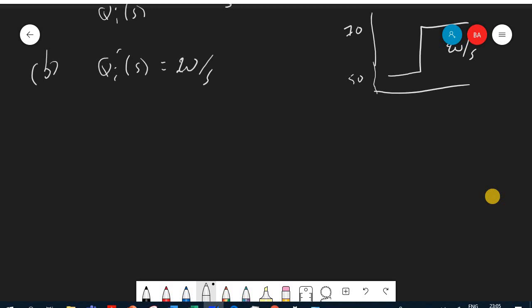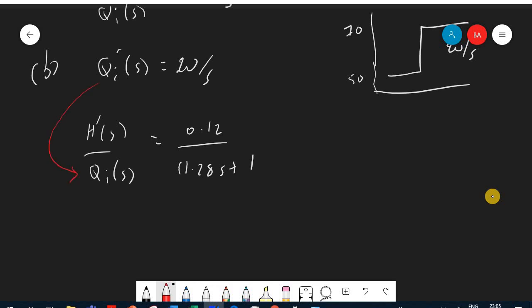So for tank one, if you can recall, H prime over Qi of S was equal to 0.12 over 11.28 S plus 1. So that was the equation, and just multiplying it by 20 over S. I'm substituting Qi and multiplying it here.